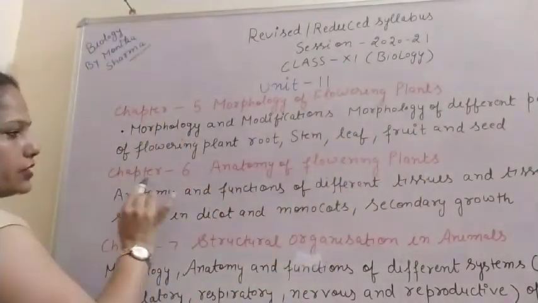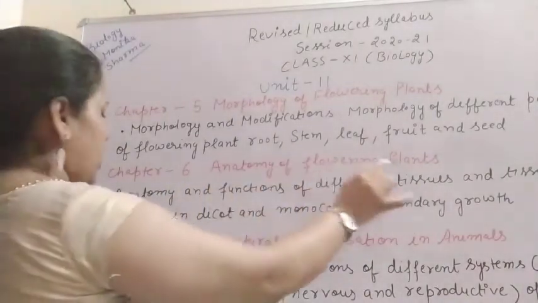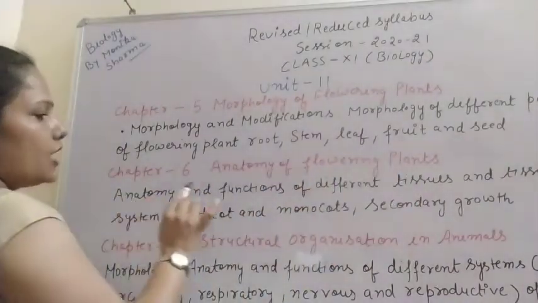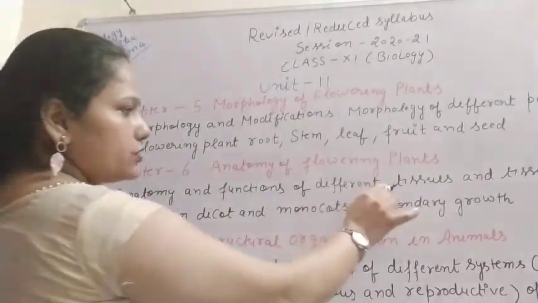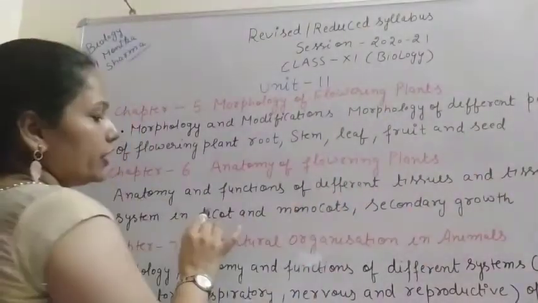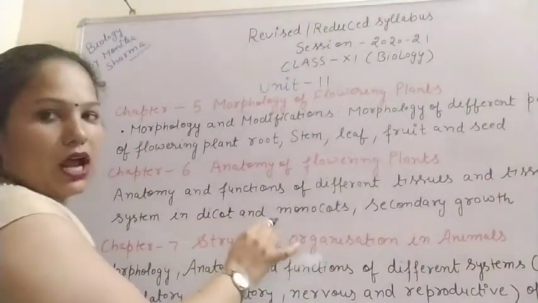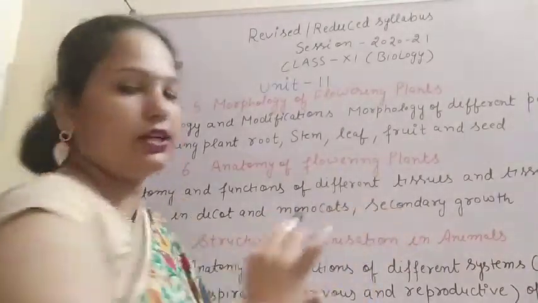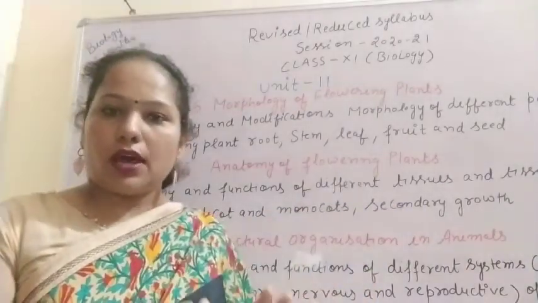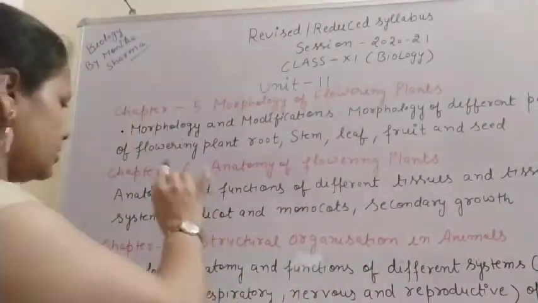Then chapter 6, Anatomy of Flowering Plants: anatomy and functions of different tissues and tissue system in dicot and monocot plants, and also the secondary growth are removed from this chapter 6.